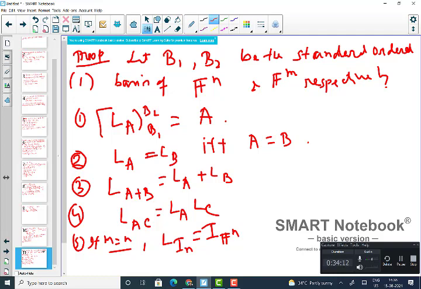Now we are going to define a very important idea. It's called invertibility.